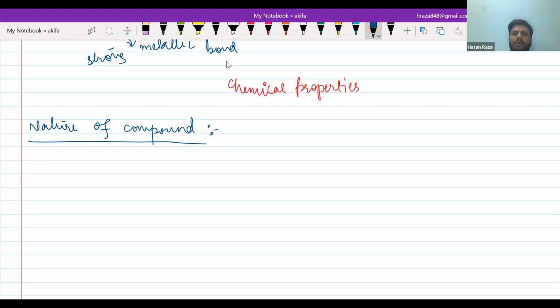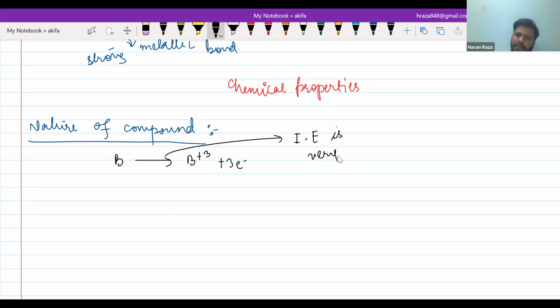Since you know that boron is very small in size and it has 3 electrons, it's very tough to remove all the 3 electrons to form an ionic compound. That's why, to form B plus 3, the ionization energy is very high.